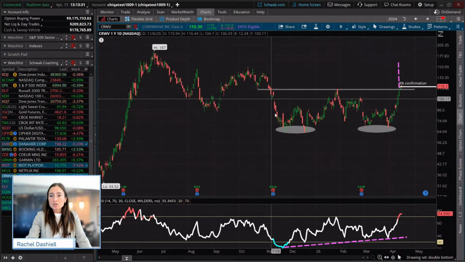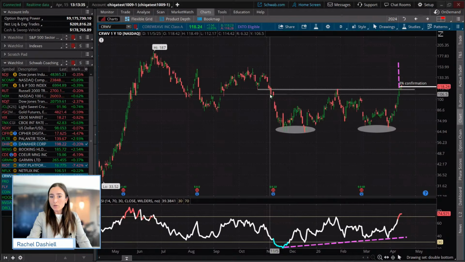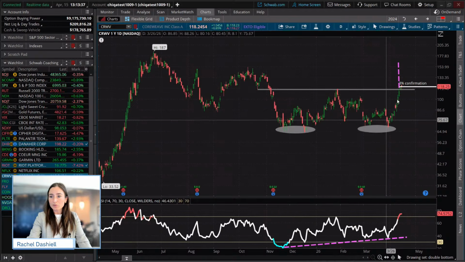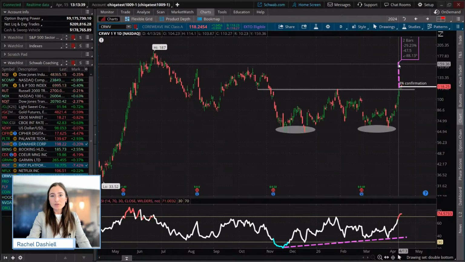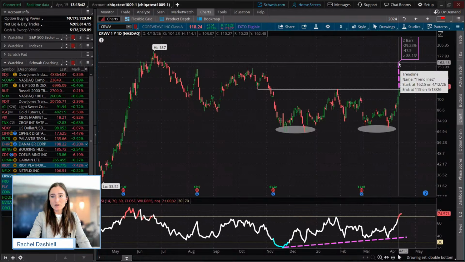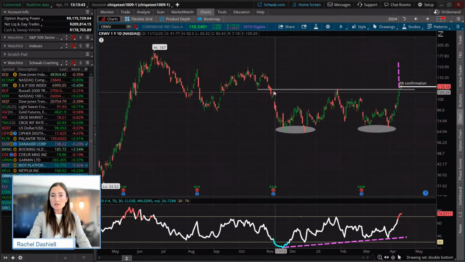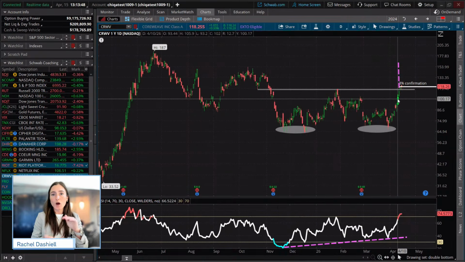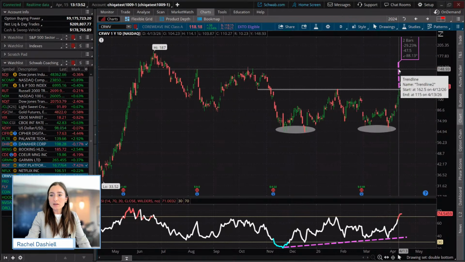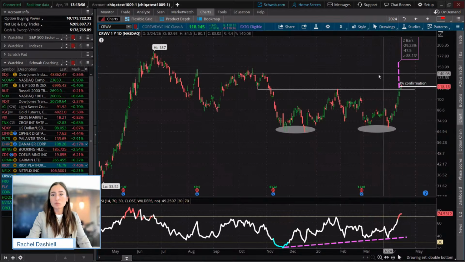So it took roughly 5 months for this pattern to form, so it may take roughly 5 months for it to reach that price target. Also, because that accumulation happened within such a wide zone here, the market's going to like that symmetry to the upside as well with that possible measured move.